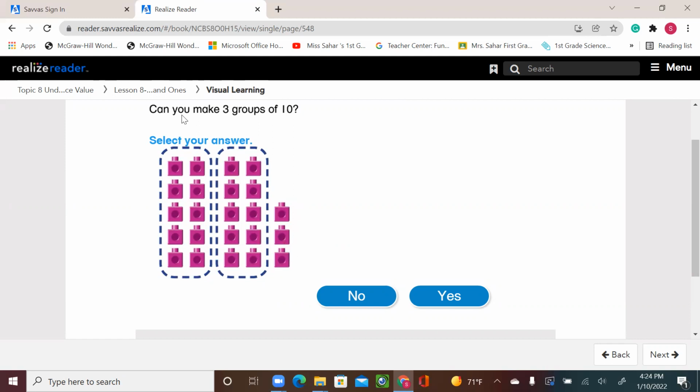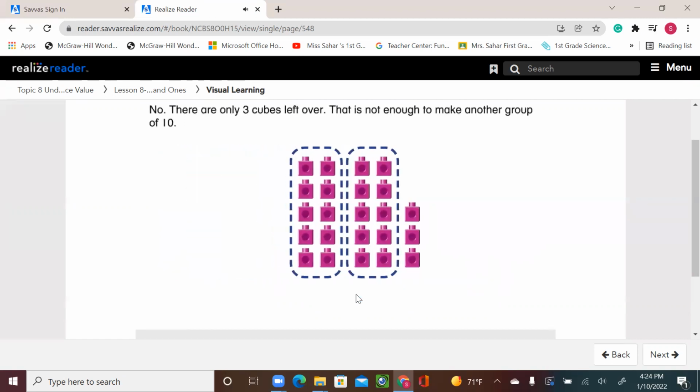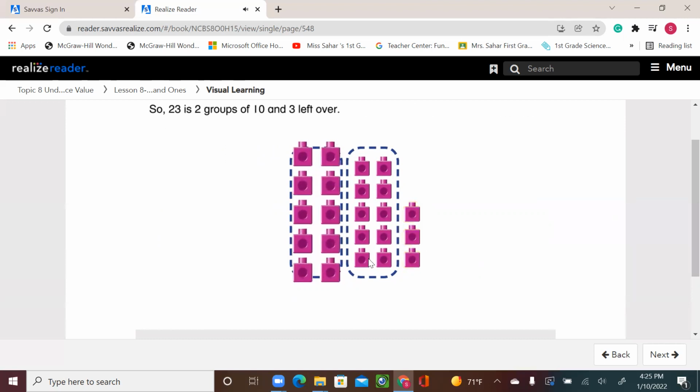Can I have 3 groups of 10s? No. There are only 3 cubes left over. That is not enough to make another group of 10. So 23 is 2 groups of 10 and 3 left over.